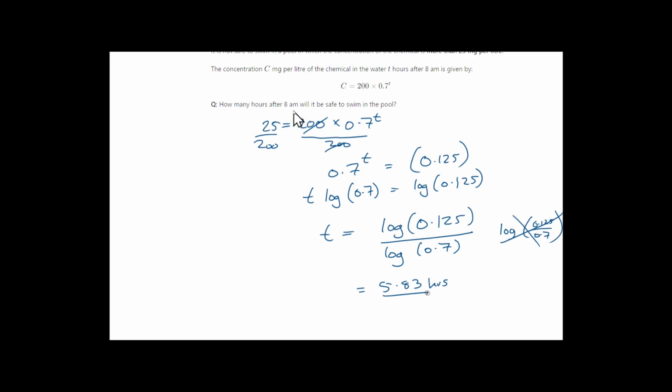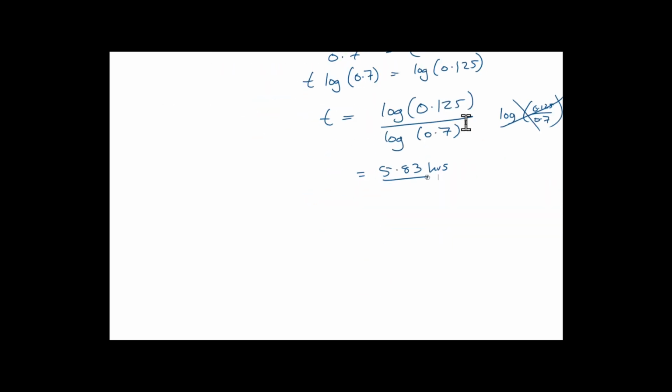So how many hours after 8 a.m. will it be safe to be in the pool? So that asks for the time. So 5.83. So time must be strictly greater than 5.83 hours. We're done. Hooray!